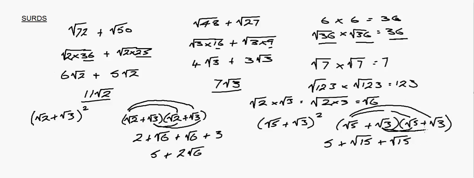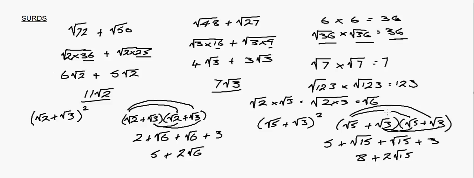And then root 3 multiplied by root 3 would be plus 3. So we can tidy this up: 5 and 3 is 8, and root 15 plus root 15, that's 2 lots of root 15. Okay, and that will be your answer.